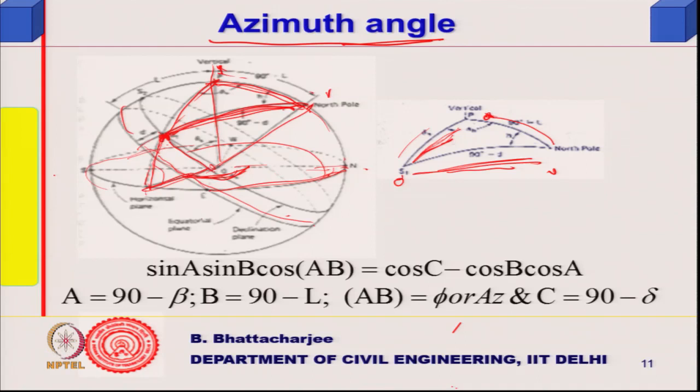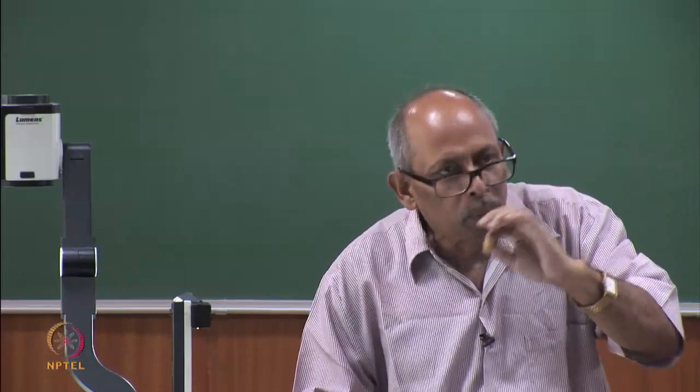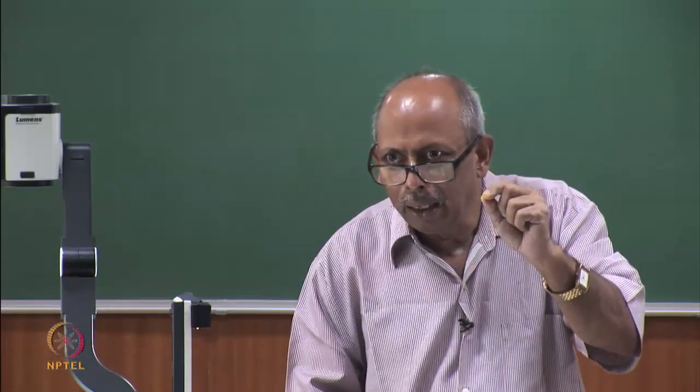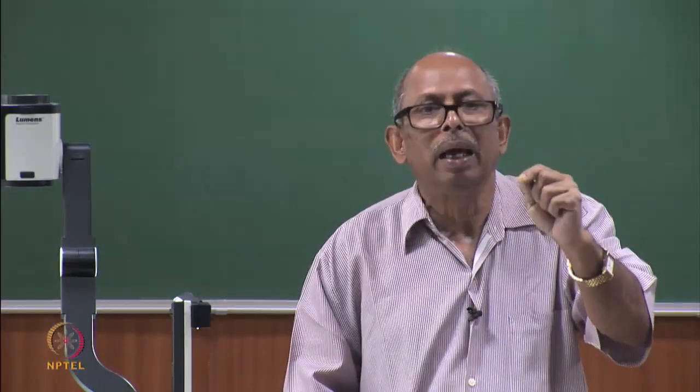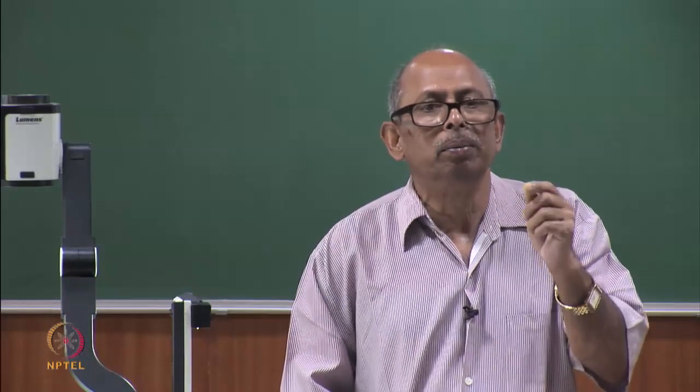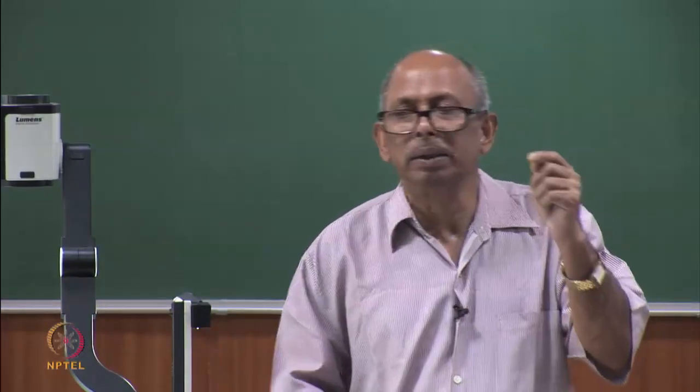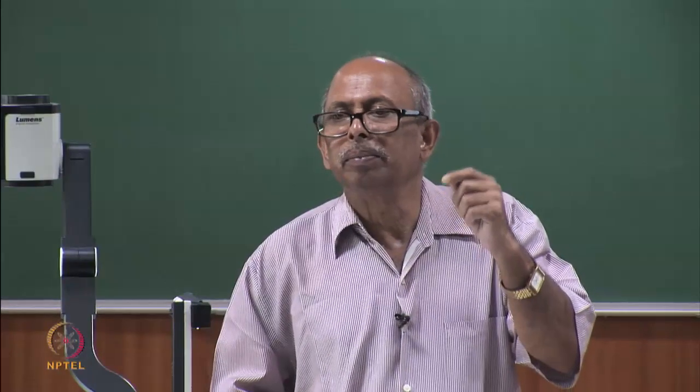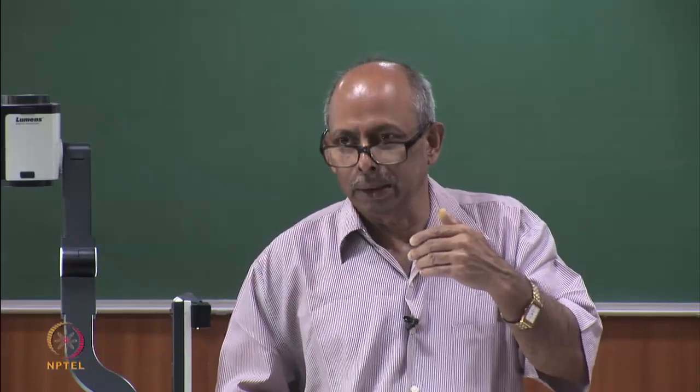The contained angle between this plane, which is my north direction, and this plane is nothing but my azimuth angle. The angle between the arc from the vertical to the north pole and the arc from the vertical to the sun would be the azimuth angle, because I am taking it from the north direction.